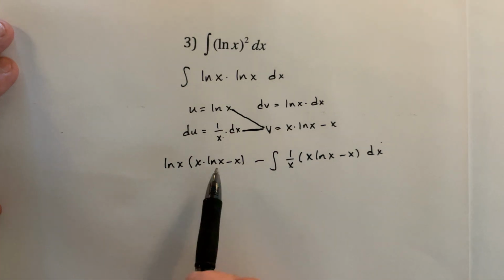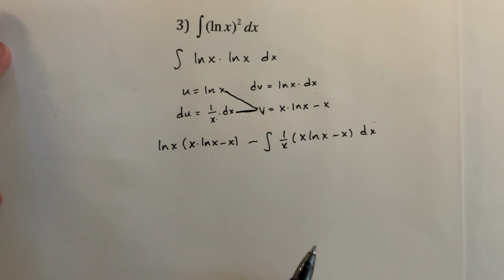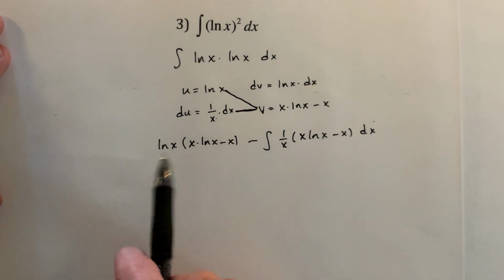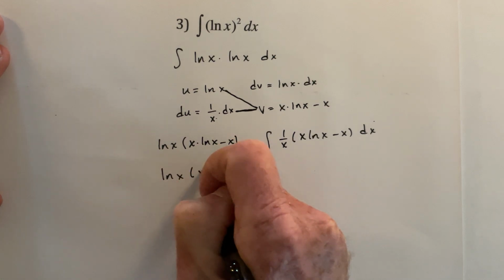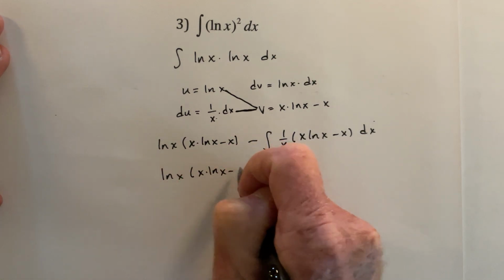And this part is going to stay in the answer. You could either leave it like this or multiply it out. I don't really see any need for multiplying that out, so I'm just going to leave that as it is: the natural log of x times x natural log of x minus x.